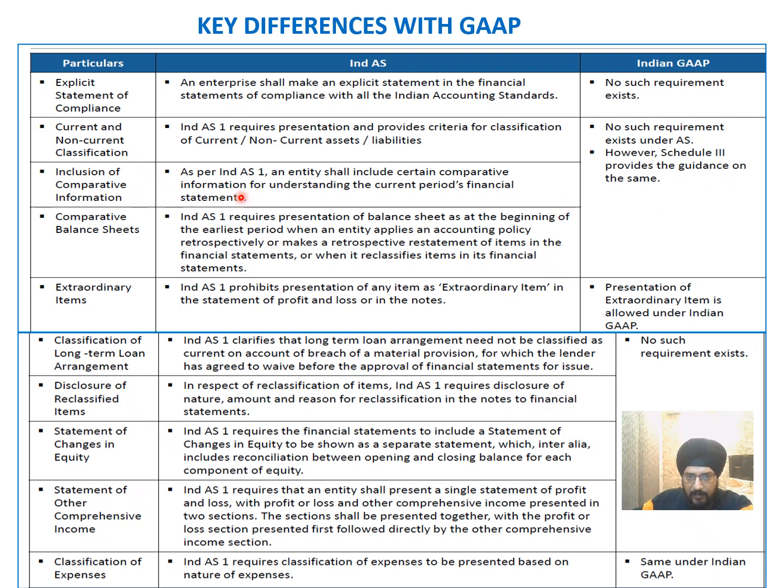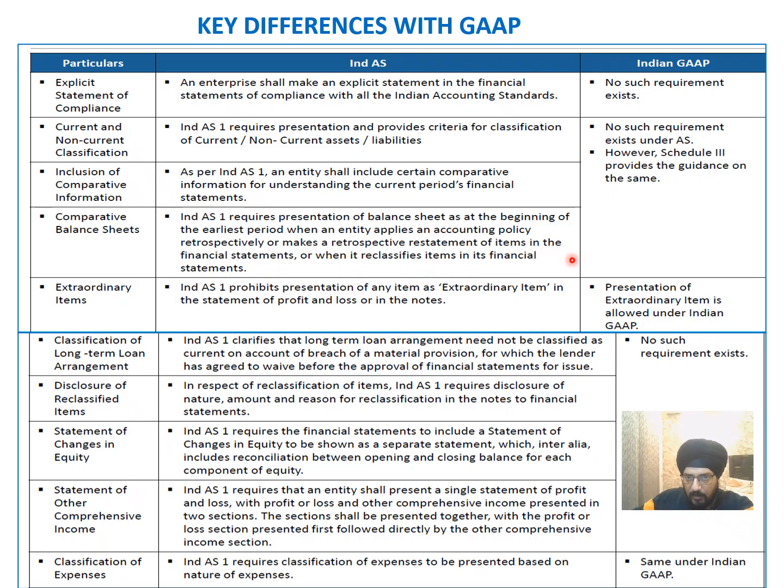Inclusion of comparatives: under Ind AS, an entity shall include certain comparative information for understanding the current period's financial statement, which was not there in the earlier accounting GAAP. Comparative balance sheet: Ind AS requires presentation of a balance sheet at the beginning of the earliest period when the entity applies an accounting policy retrospectively, makes a retrospective restatement of items in the financial statement, or reclassifies items in the financial statement.